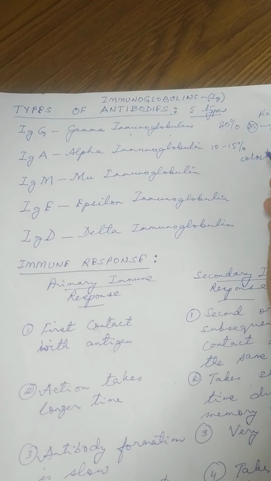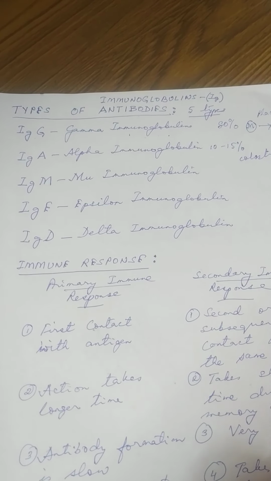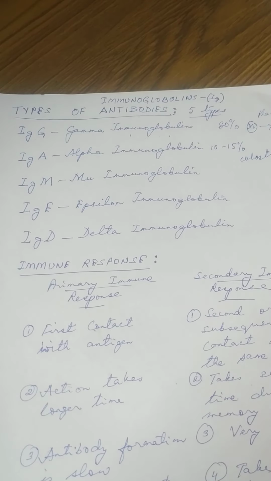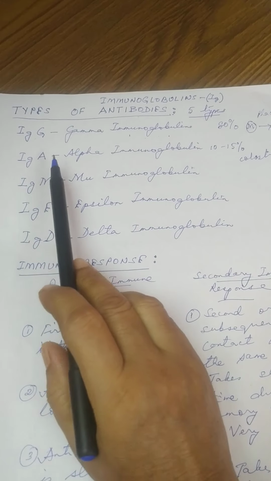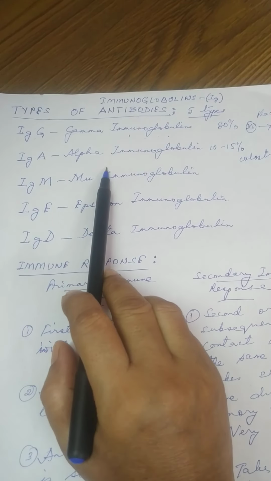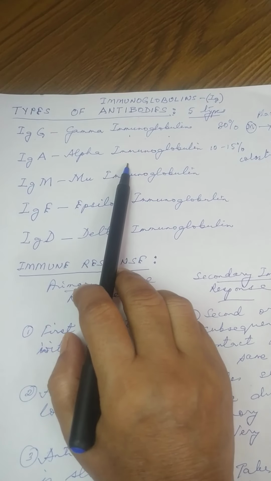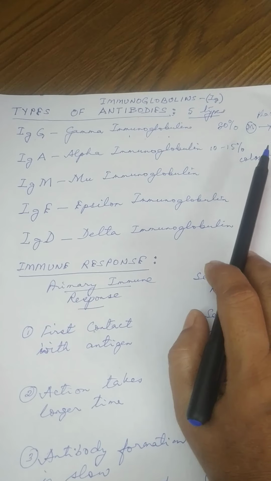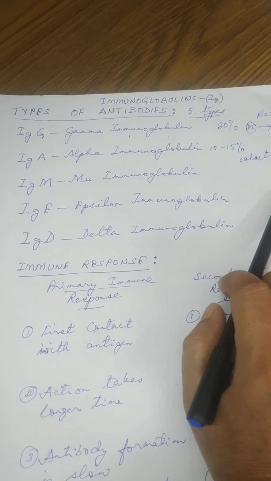It is present in the colostrum of the mother's milk. Okay. So I am repeating once again, where is this immunoglobulin A present? It is present in the sweat, tears, saliva, mucus, colostrum, and also even gastrointestinal secretion.